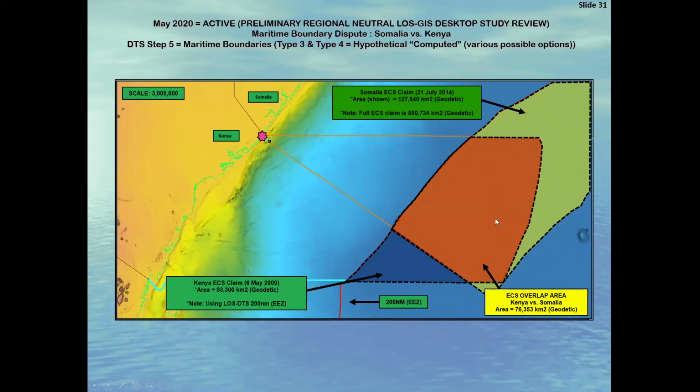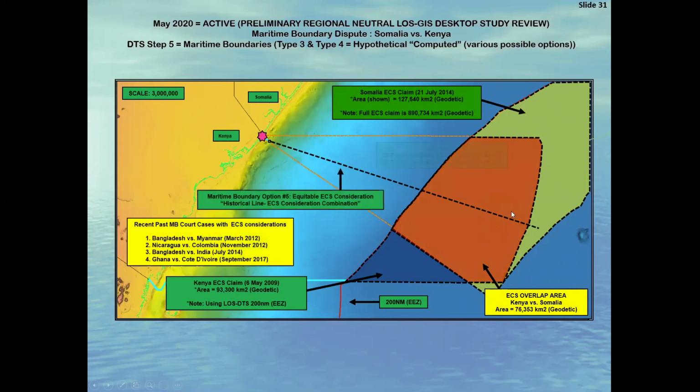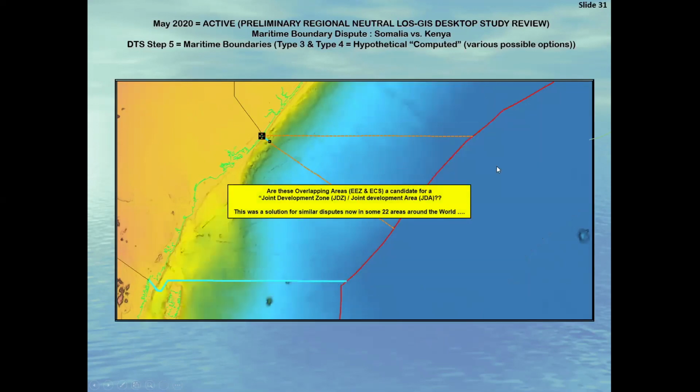But the OCA or overlap is about 76,353. So we did some splitting of some math. There are 4 past recent court cases that all made considerations of shifting the line in the name of equity because of the extended continental shelf, and that would give it a 60-40 in the ECS and a 50-50 in the EEZ.